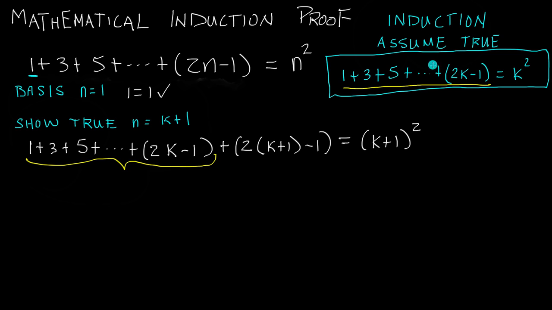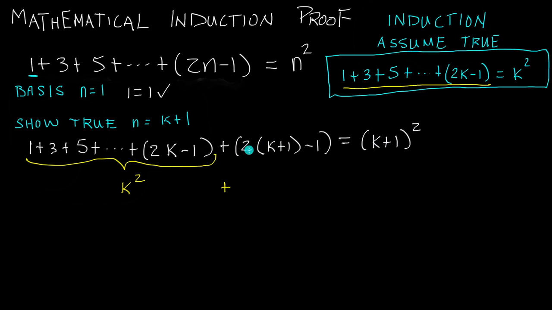And since we're assuming the left-hand side is equal to the right-hand side, we can replace all of this stuff right here with k squared, which is what we have in the right-hand side of that assumption. So all we have to do is add that to 2 times k plus 1 minus 1 and see if that's equal to k plus 1 squared.